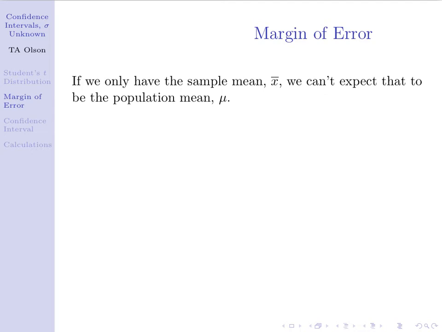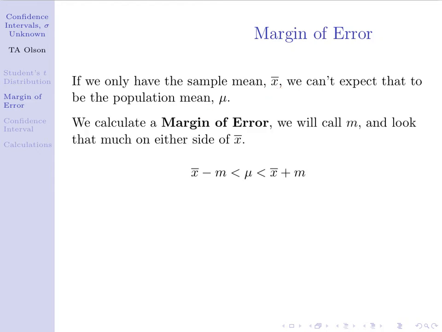All right, so we do this by calculating a margin of error. If we only have our sample mean x bar, we can't expect it to be the population mu, so we calculate a margin of error, which we're going to call m, and we look that far on either side of x bar. So mu is going to be, within some confidence level, between x bar minus m and x bar plus m.